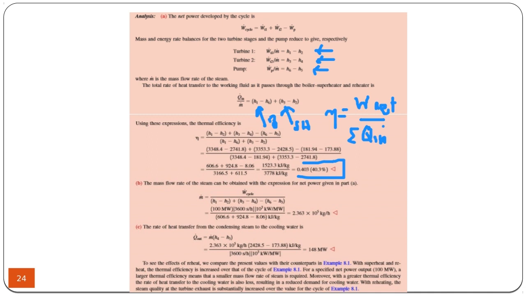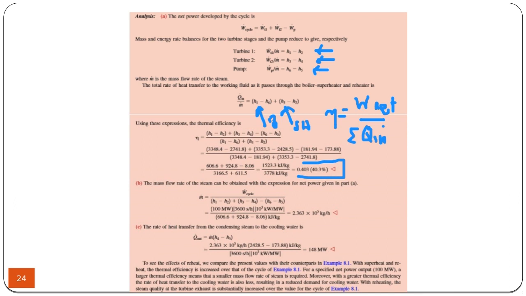This is higher than the saturated steam system, because in saturated steam, I guess it was 37%. Now it's gone up to 40% because of the use of the superheat. We have increased the efficiency of the system. Also, by increasing efficiency, the mass flow rate is less than the previous one.